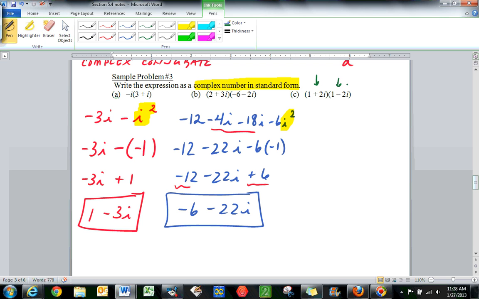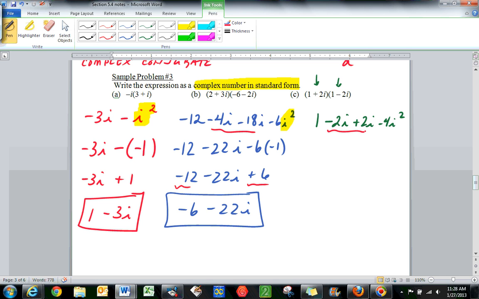We're going to distribute the 1 twice. 1 times 1 is 1, and 1 times -2i is -2i. Then we need to distribute the 2i part. So 2i times 1 is a positive 2i. And then 2i times -2i is -4i squared.